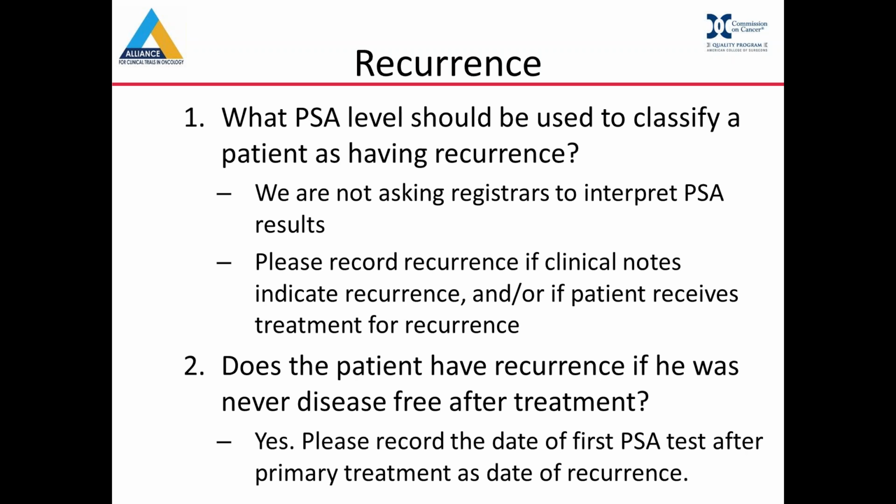Please record recurrence if clinical notes indicate recurrence and or if the patient receives treatment for recurrence. Does the patient have a recurrence if he was never disease-free after treatment? Please record the date of the first PSA test after primary treatment as the date of recurrence. Local recurrence is defined in the manual, and only record local recurrence if the defined criteria are met.